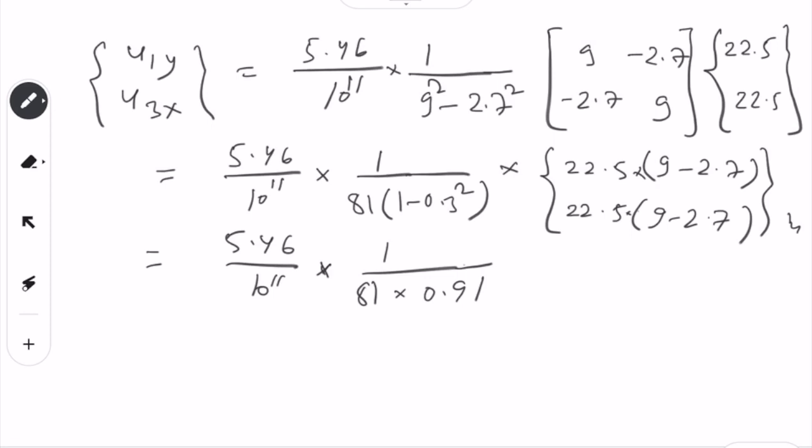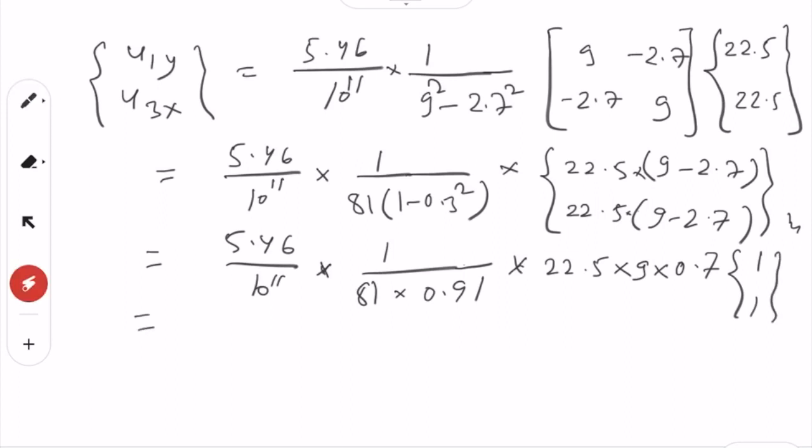And here we get 22.5 in both the cases, multiplied by 9 multiplied by 1 minus 0.3, 0.7 basically.